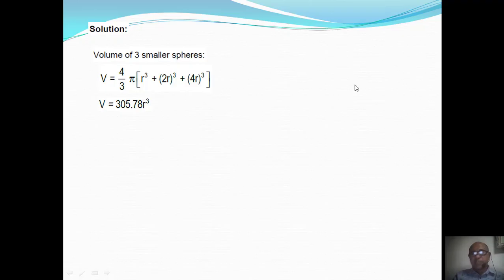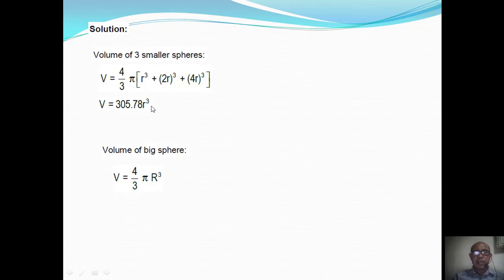Then we can consider the volume of the big sphere. The volume of the big sphere is 4/3 pi R cubed. The volume of the three spheres is equal to the volume of the big sphere because the big sphere is made up of the three smaller spheres.